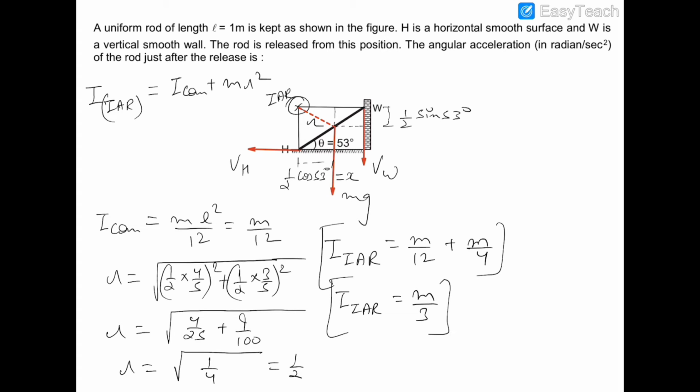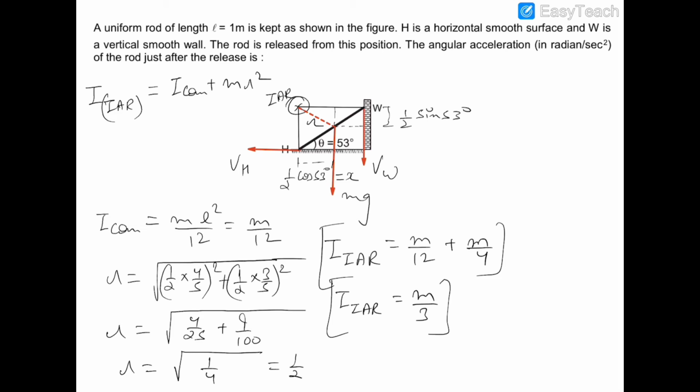Now we know that in this case the rod is slipping and we have to find out the angular acceleration. And we also know the significance of IAR, instantaneous axis of rotation. It is the fact that all the motion of any body which is in the state of translational and rotational motion, we can assume all the motion of that body about IAR to be perfectly rotational motion only.